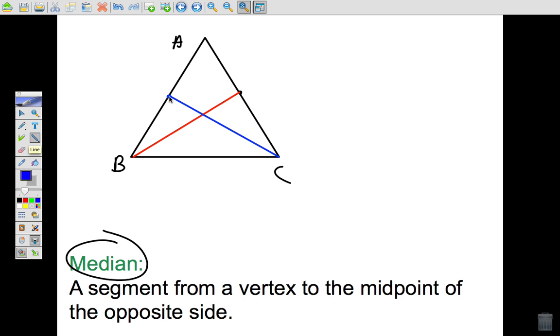So in blue is the median from vertex C. Now how about from vertex A? I'll put this in a different color. For vertex A, I want to hit the opposite side, side BC, at its midpoint. So it would look something like this. So a median is a segment from a vertex to the midpoint of the opposite side.